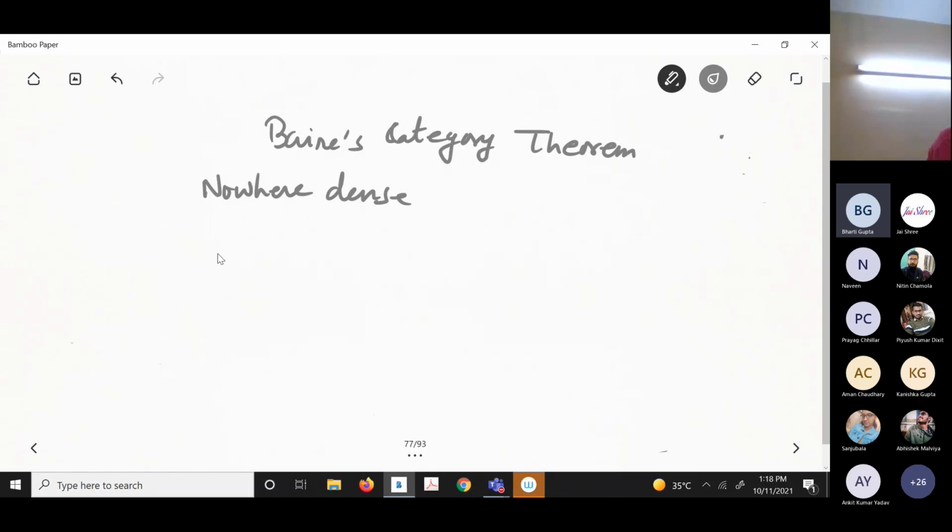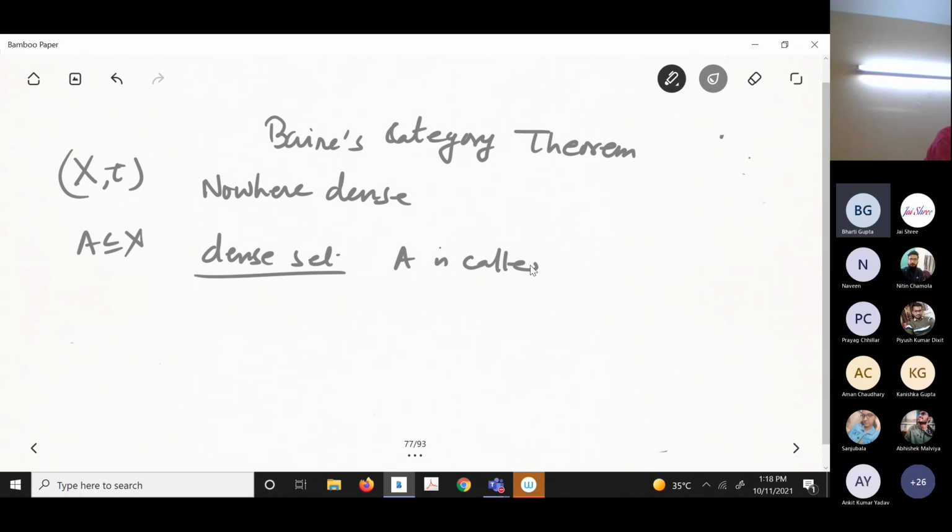Look, dense set, you know that. I am taking (X, tau) a topological space, A a subset of X. A is called dense in X if A bar equals X.